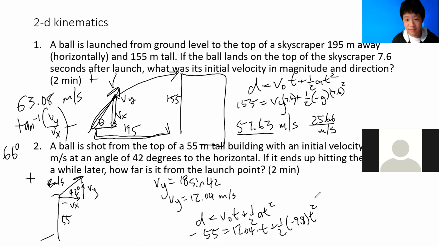We can solve for the amount of time this is in the air. So if I move everything to the other side, I'm going to have 4.9 t squared minus 12.04 t minus 55 equals 0. At this point, you can use the quadratic formula, or if you have a quadratic program on your calculator, you can use that. So I'm going to use my quadratic formula right now.